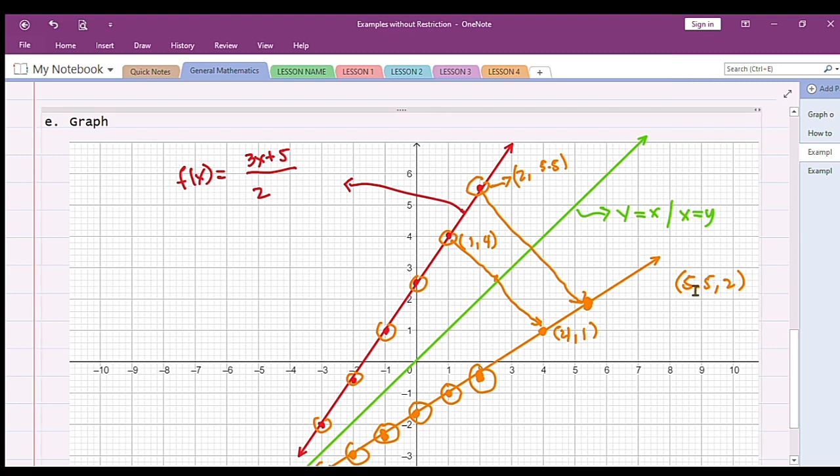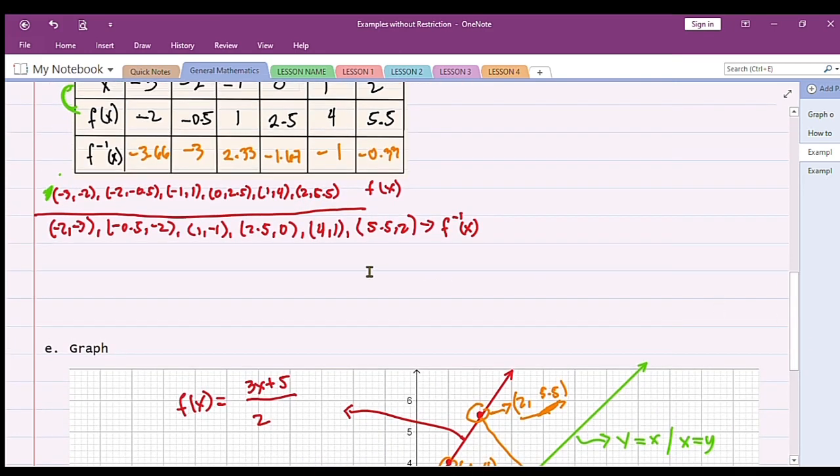So, etong mga ordered pairs na kinuha natin kanina, yung inverse nito is nandito, so nandito natin siya mahanap. Yung ordered pairs na to, they are inverse. Yung inverse ng f of x or inverse ng ordered pairs na to is nandito na. Kung napapansin nyo, yung 2, 5.5, inverse of that is this one. At na-plot natin siya.